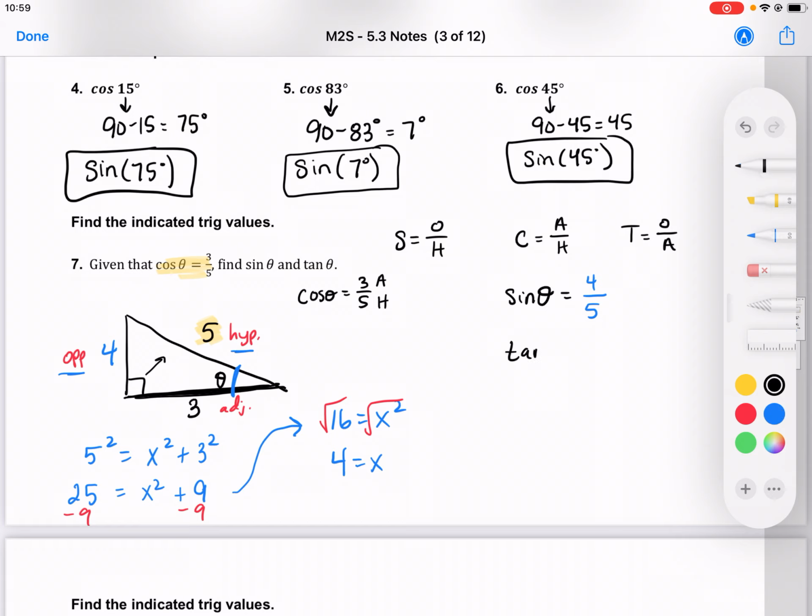And then tangent is going to be our opposite, so 4, over our adjacent, so 3. And there you go.